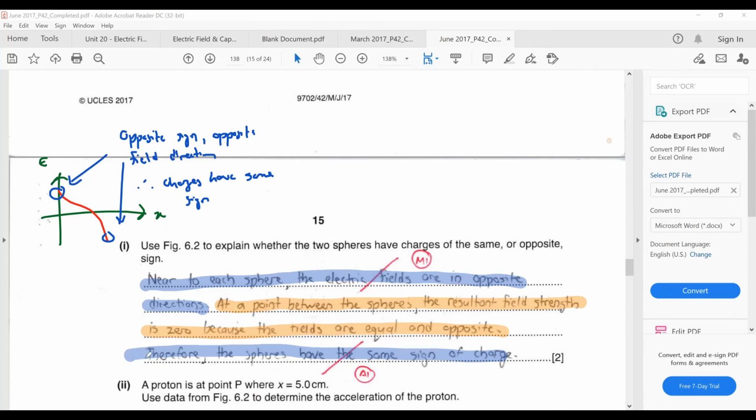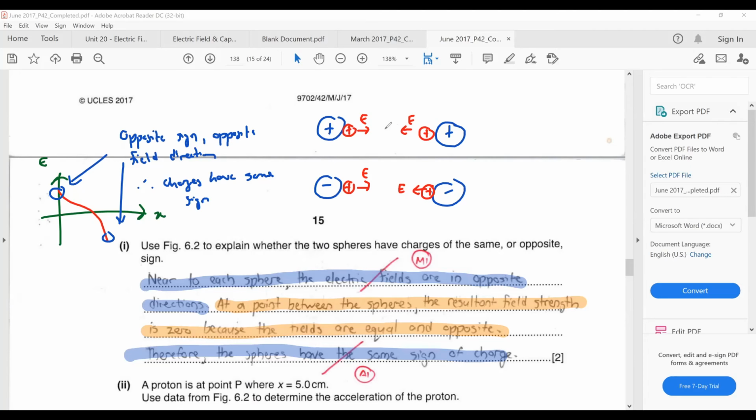The blue ones have a clearer meaning, right? Because the idea was to tell you if this was the same sign, this is positive, or this is negative, this is negative. You put a positive test charge here, E will be here. You put a positive test charge here, E will be here. That's what this one means.